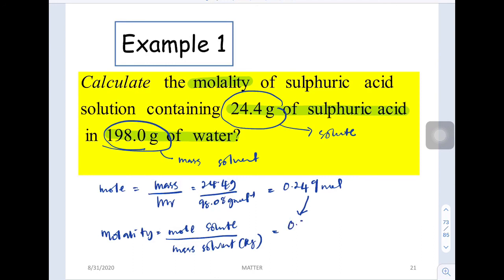So mole is 0.249 mole over the mass of the solvent, 0.198 kg. So we will get the molality of this sulfuric acid as 1.26 molal. Or we can use another unit, 1.26 mole per kg.